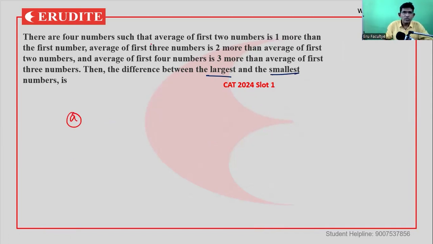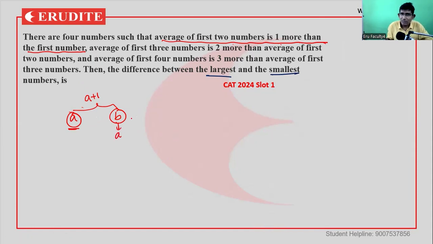Now it says the average of the first 2 numbers is 1 more than the first number. So the second number, let's take B. The average of A and B is 1 more than A, that means A plus 1. That means with A, when I include B, the average is increasing by 1. So what's the value of B? If the value of B was A itself, then there would be no change.